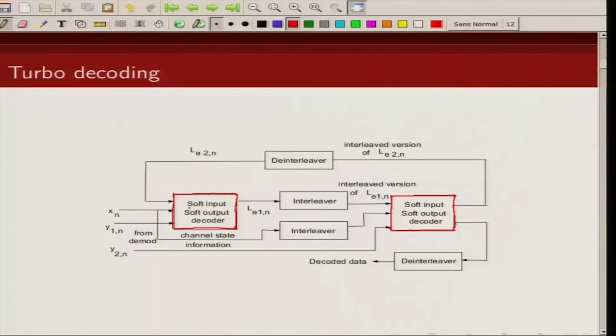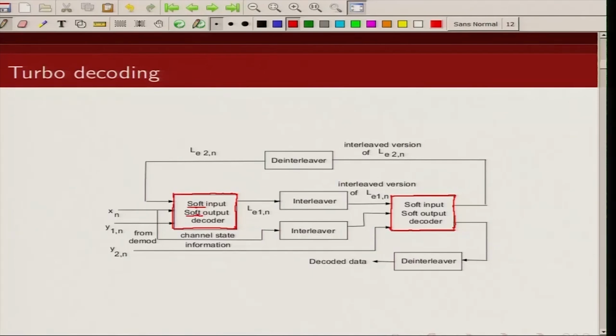So, not only are we getting the decision of whether the bit is 0 or 1, but we are also getting information about how likely the bit is to be 0 or 1. That is why the input is soft and the output is soft, as opposed to a hard decoder where the output would have been just zeros and ones.